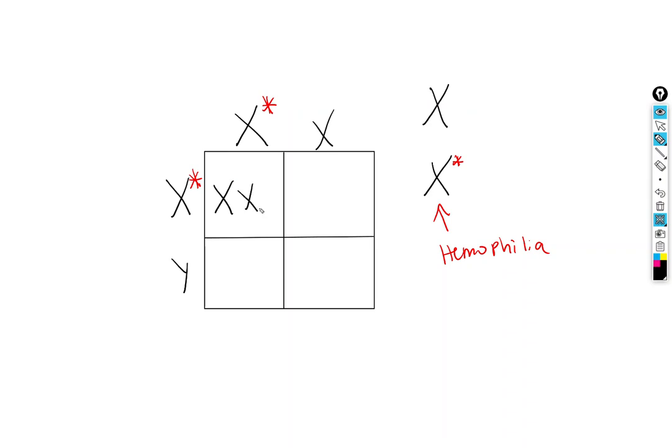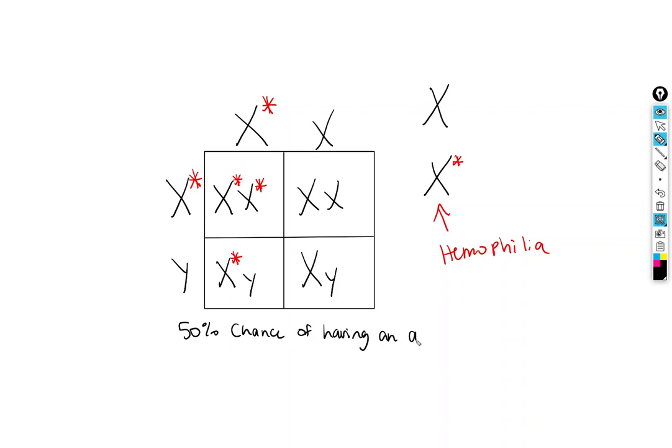So we have, in the top row, two possible daughters. And I'm saying possible because remember, these are probabilities, right? So this is just a chance rather than this couple will have 4 children and one of them will be affected. All right, and then let us go down here and we can do XY, XY. So as you can see, there is a 50% chance of having an affected child.